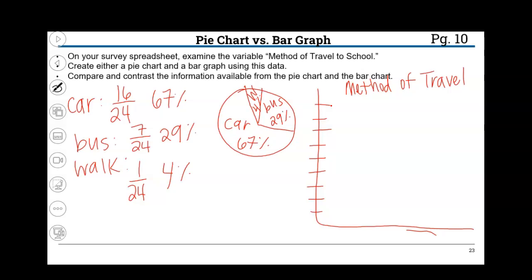Okay, if you counted by 4, that's 0, 4, 8, 12, 16, 20, and we don't need more than that, right? Okay, and then you make your bars, car, bus, walk, okay? And then we also need a title on this side. What title goes here? Number of students, good. Good job.